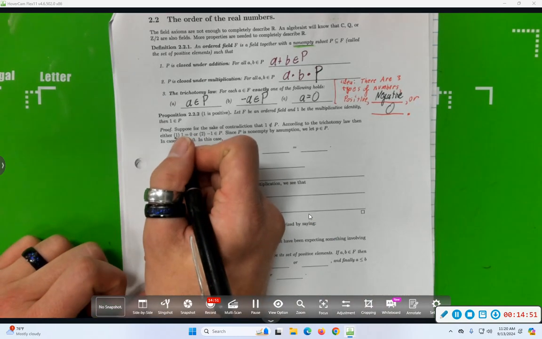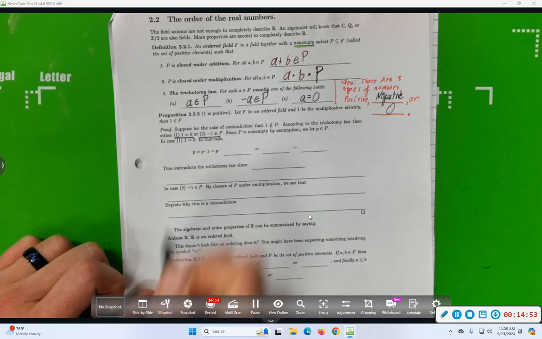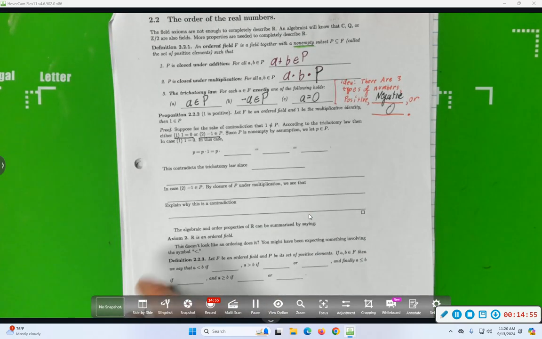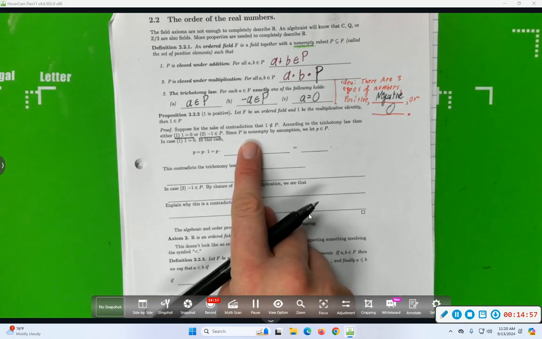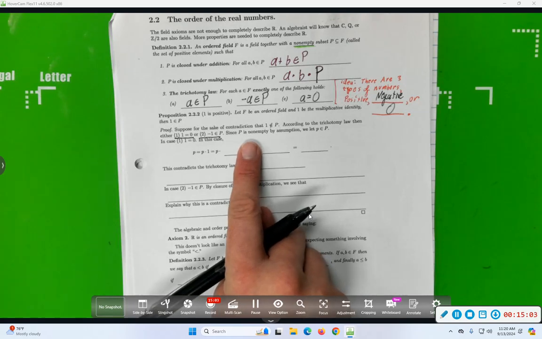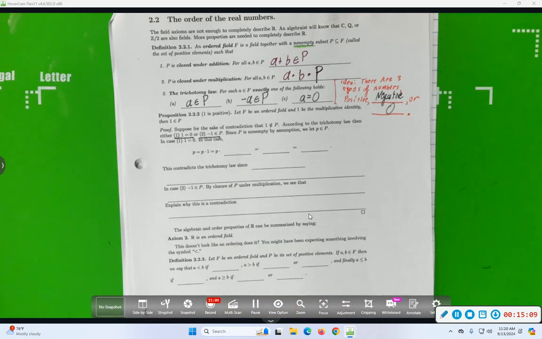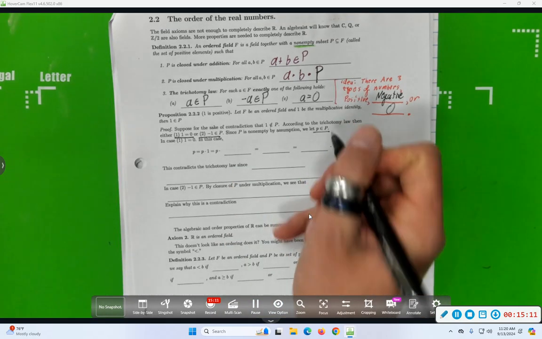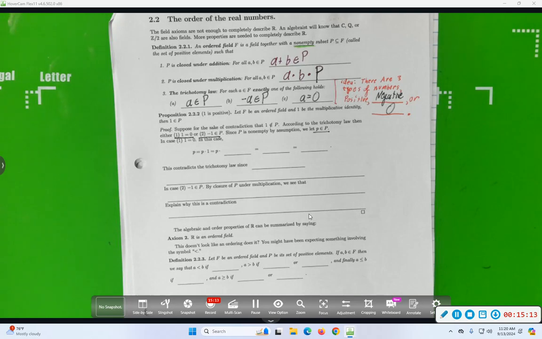So we have two cases. In each case, we need to get a contradiction. Since P is non-empty, what's special about non-empty sets? They contain things. So I can let p be an element of big P. And that will be useful. I have a thing to start with.